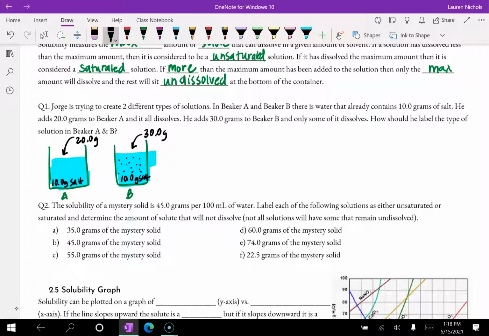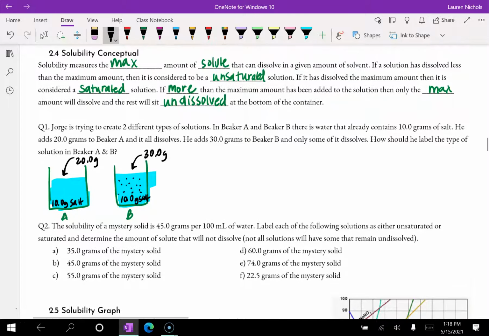And he wants to know, okay, how should he label the type of solution? Well, we know that if there's some undissolved, remember, that means it's dissolved the maximum. And so that means this is a saturated solution. Okay, B would be a saturated solution because there is some sitting undissolved.